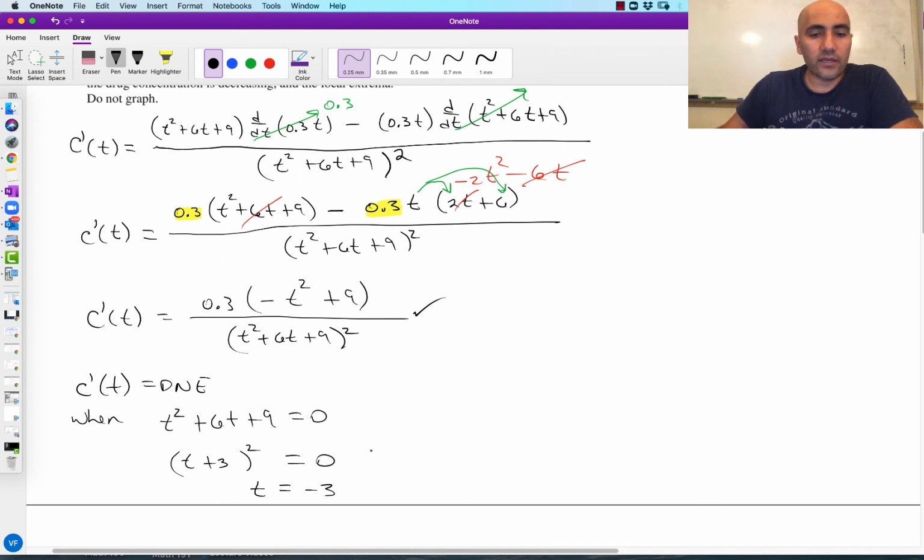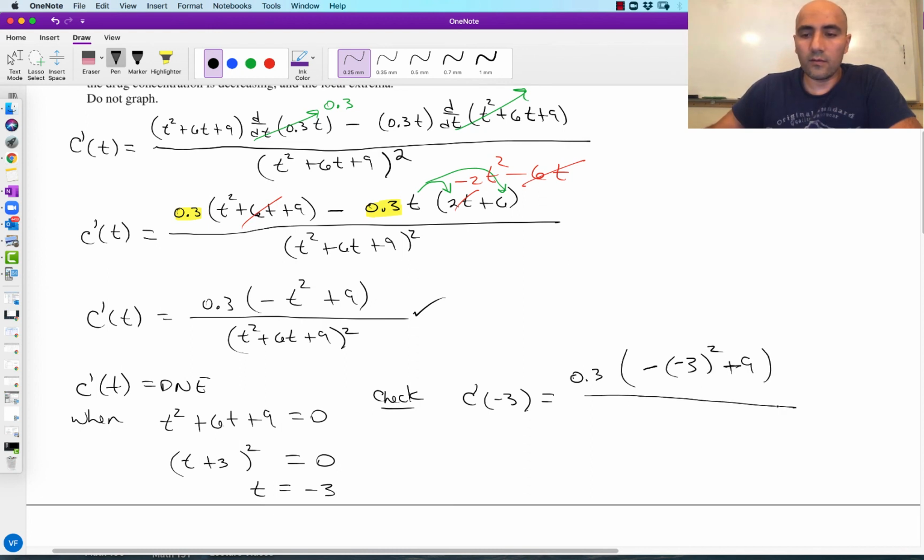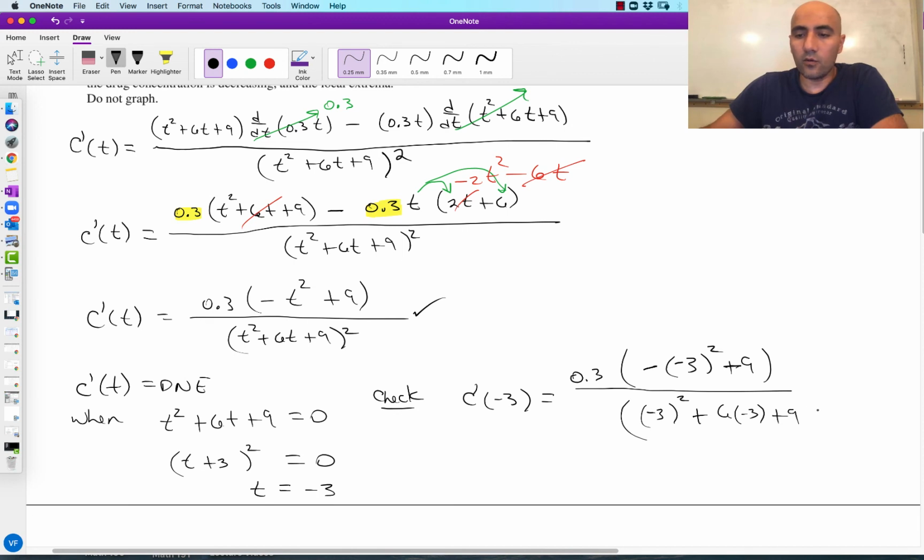So we can check it by plugging in negative 3. Check. C prime of negative 3 equals 0.3 times, and then we have negative negative 3 squared plus 9, all over negative 3 squared plus 6 times negative 3 plus 9, the whole thing squared.